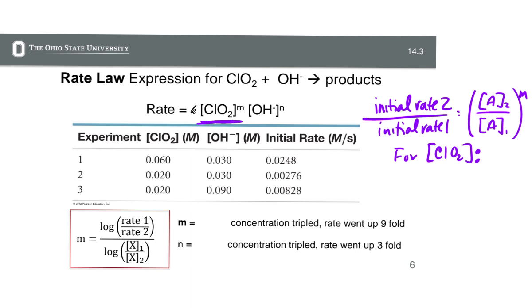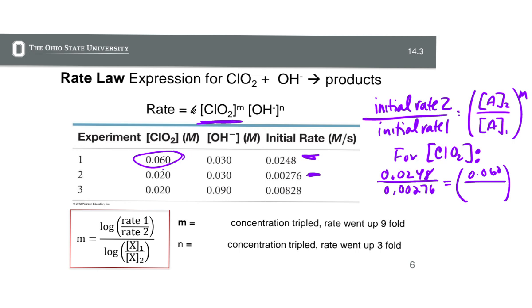We're going to take experiment 1 as our initial rate in the numerator, 0.0248, divided by this other rate, 0.00276, equal to the concentration for the first one, 0.060, over the concentration for the second experiment, 0.020, raised to some power m.